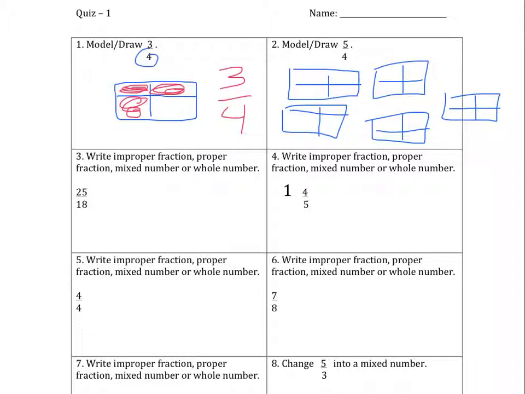Okay, now on each one, we're just going to color in 1/4. So I'm going to have 1/4, 2/4, 3/4, 4/4, 5/4, equaling 5/4.